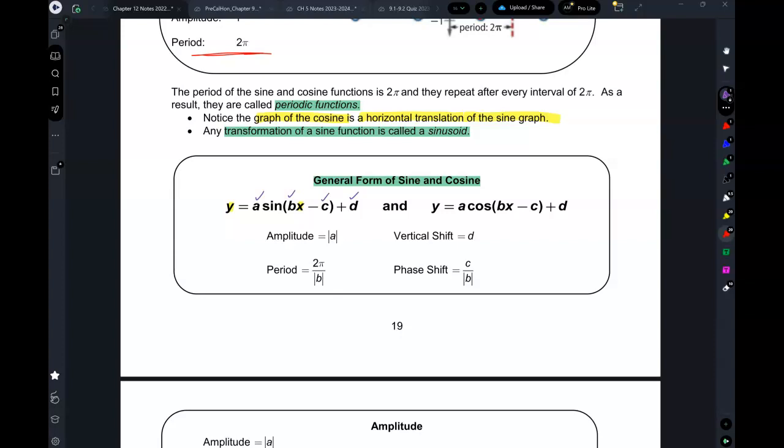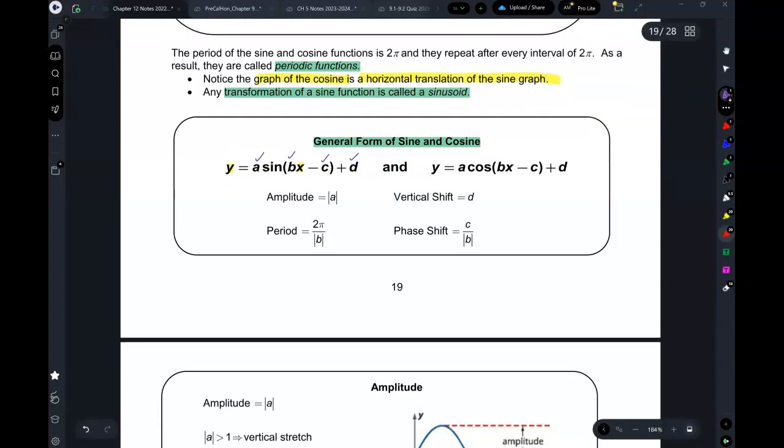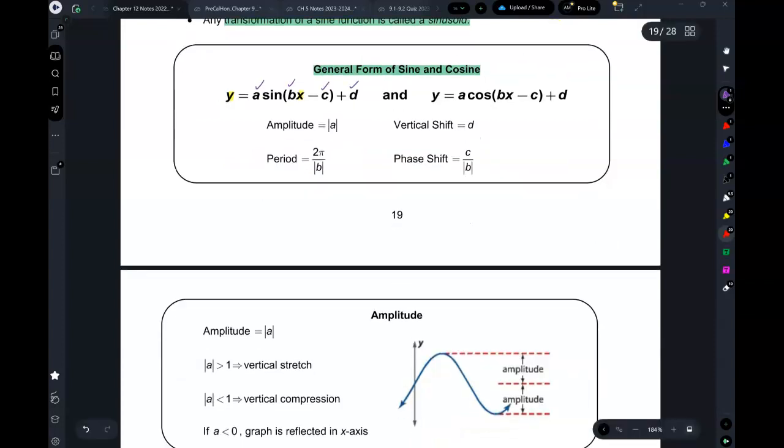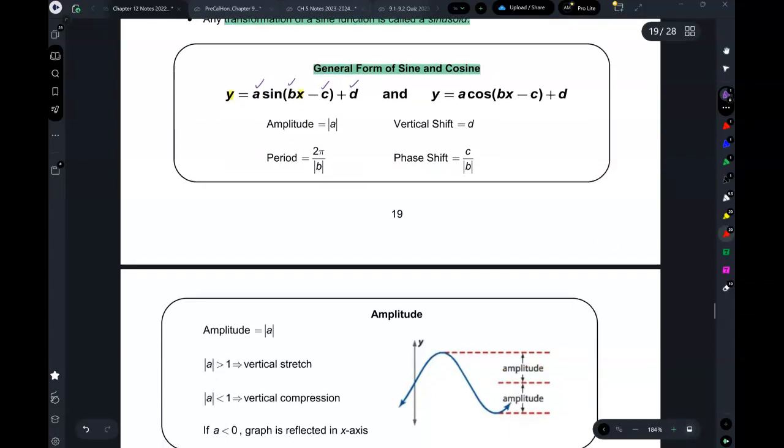So, and here we go. Each of these, the a, the b, the c, the d, are responsible for showing us the amplitude or the period or all that, okay? More on this later. So we're going to break each of these into separate parts. Let's take the first one.